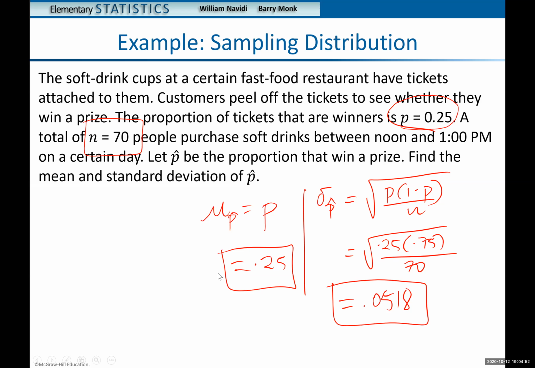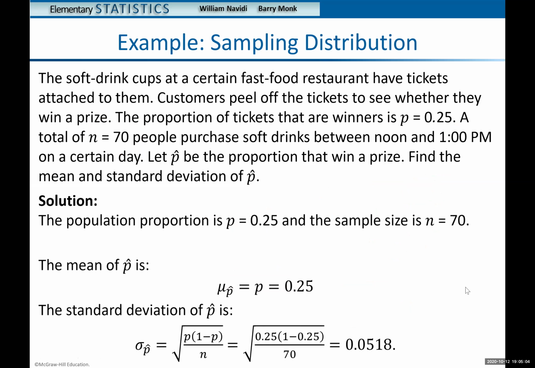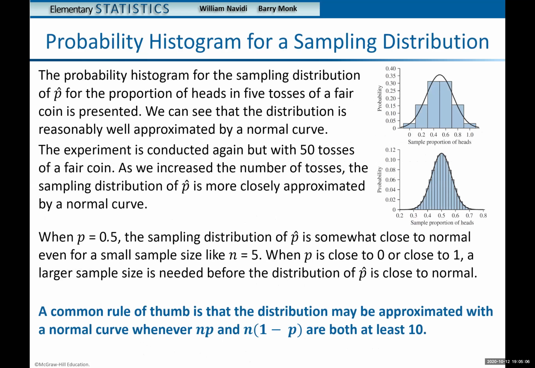Okay, so don't forget how to compute the mean and standard deviation of all the p hats, because we're going to use this for the central limit theorem. Remember earlier, for the means, to make it normal you should have a sample size of at least 30.